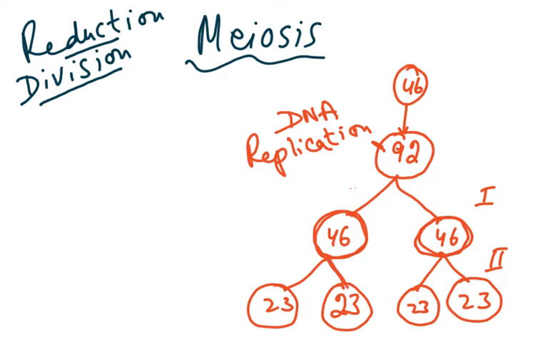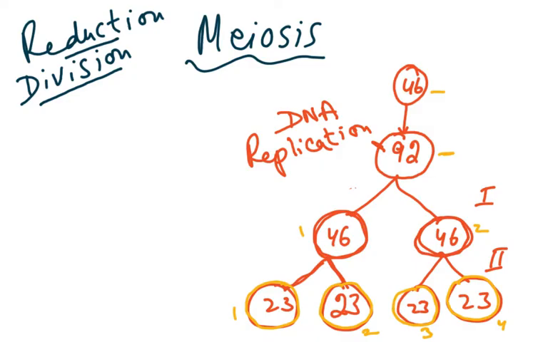Then another two cells are formed, and now four cells have been formed with one of each pair. So the 46 chromosomes become 92 chromatids, then two cells form, and then four cells form. The final result is four cells with half the number of chromosomes, with 23 chromosomes in each.